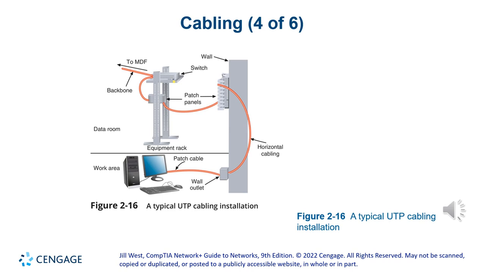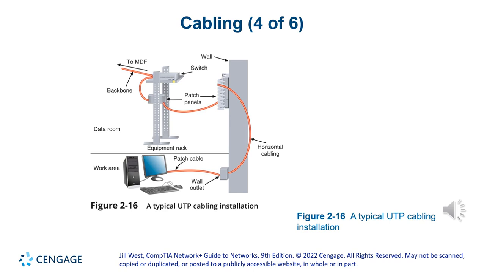So from the switch, you patch into the back of the patch panel, and from the front of the patch panel it might go to a wall patch panel. In the old days, it used to be a 110 block. Nowadays, you usually go straight from the patch panel in the rack into the wall jack. You wouldn't go through the one shown here in the wall, but this is just to show you the steps it can take. And it will go through that horizontal cabling, although here it's just going down.